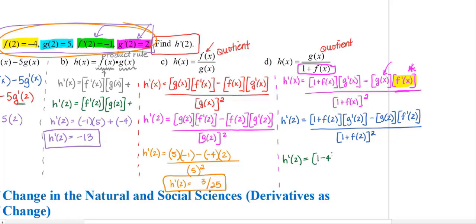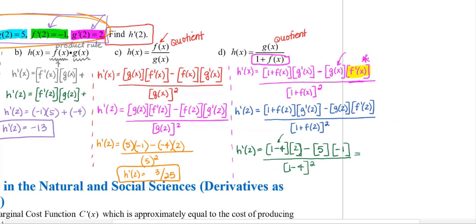So I'm going to say 1 minus 4 times g prime of 2, which is that pink 2, minus g of 2, which was 5, and f prime of 2, which is negative 1, all over, those could be parentheses now, that would be fine. 1 plus f of 2, well again I've done it, up here with the 1 minus 4, but I have 1 plus f of 2, and f of 2 is negative 4, so I'll just say 1 minus 4, quantity squared, and I'm running out of room.